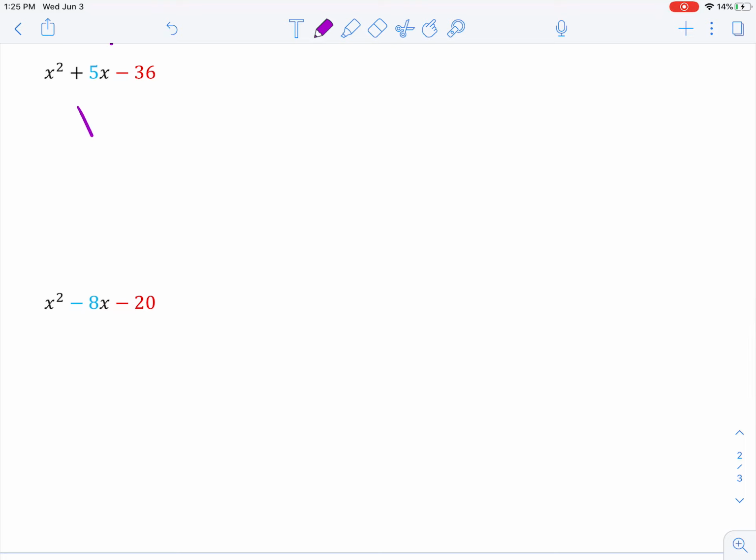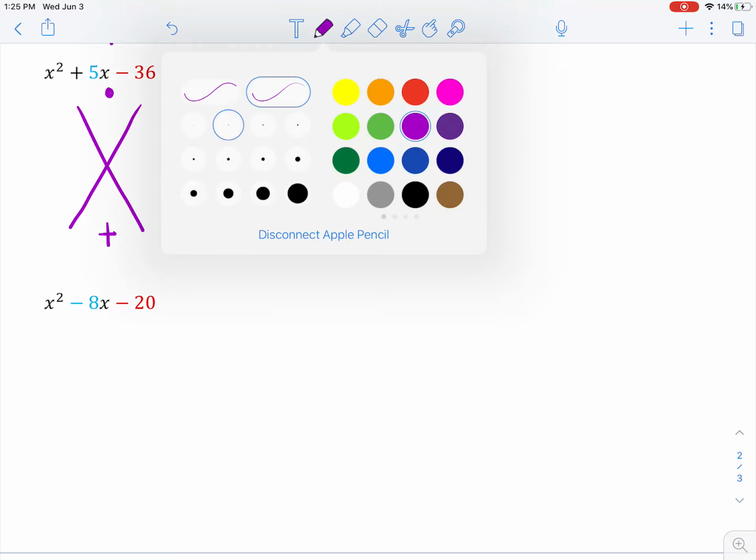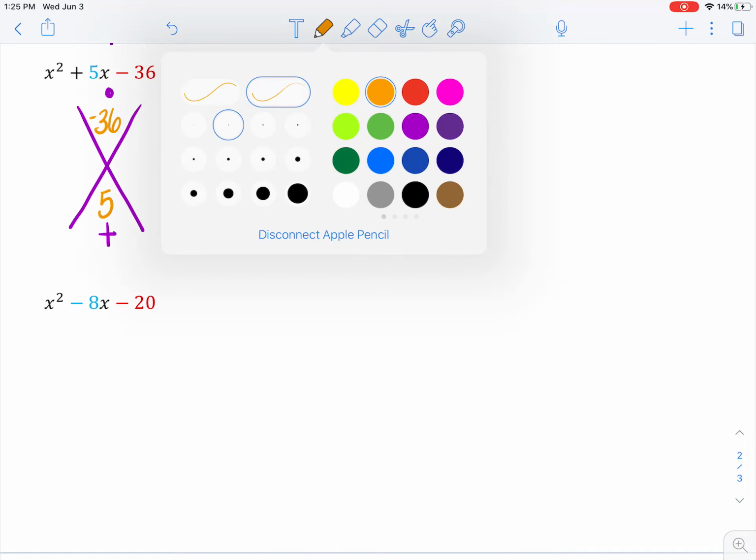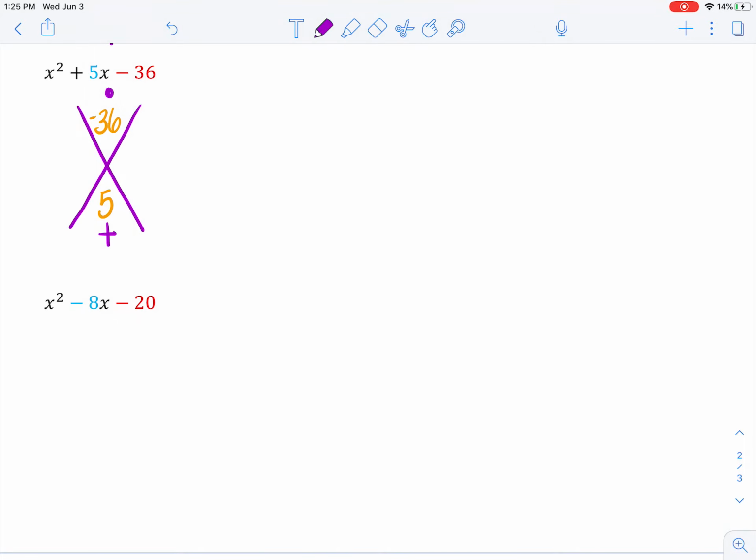One more. Again, same thing. I always set up my x first with my operators. And I know that I need to multiply to the end number, which this time is a negative 36. And I need to add to a positive 5. Okay, so let's think about what it means to have a negative product.